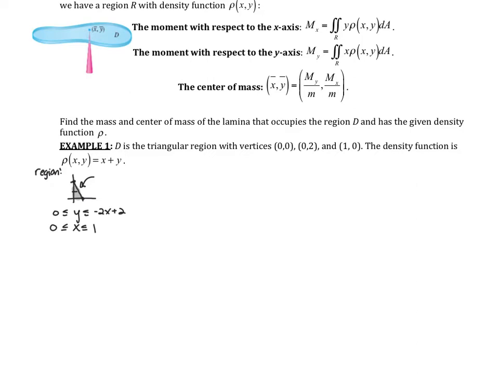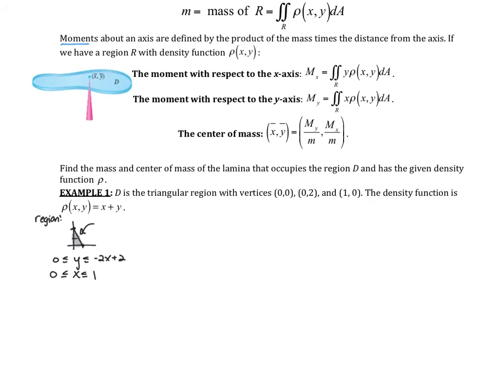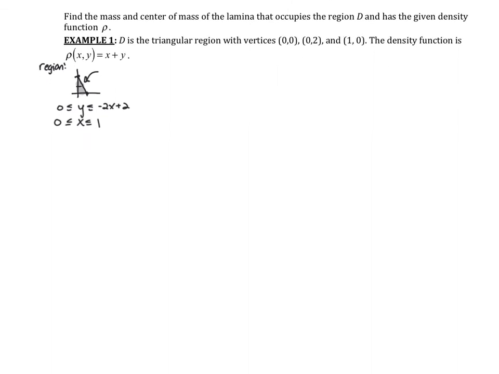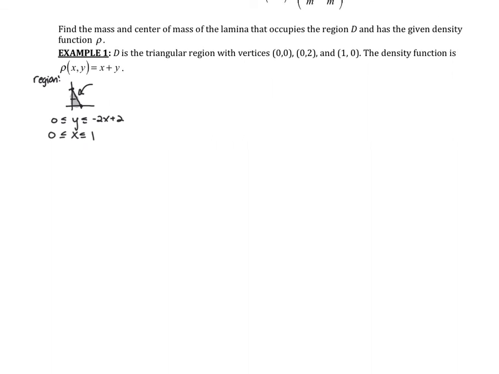All right. I'm going to find my mass first. I'm going to set up the equation: the mass is going to equal the double integral over the region of rho, which they gave us as x plus y, dA.